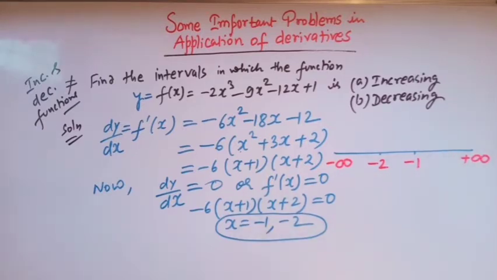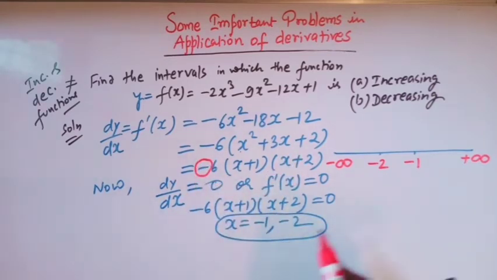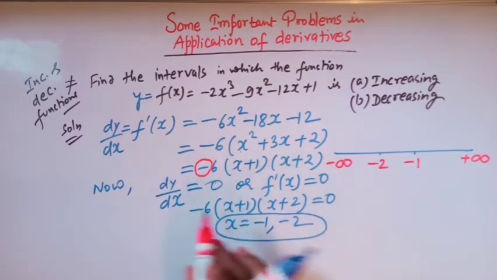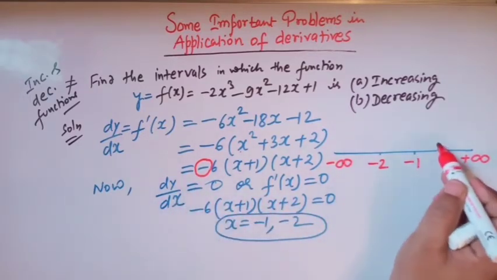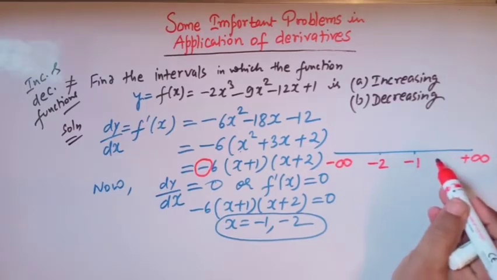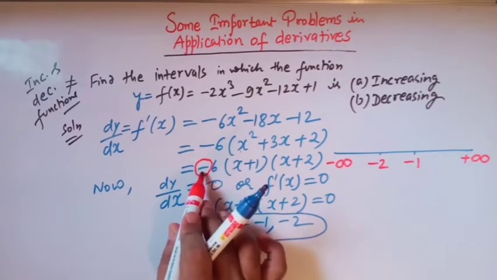Now what we will do, see here we have the negative sign. I have already explained all these things in my previous video, so for details you can watch those videos. Now here I am not explaining why we are taking this method or the sign convention, because I have already explained it.